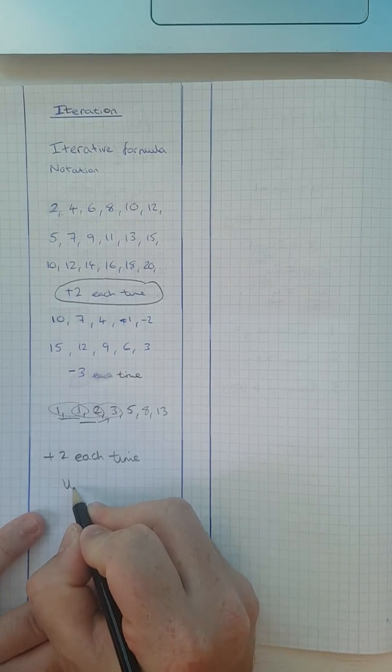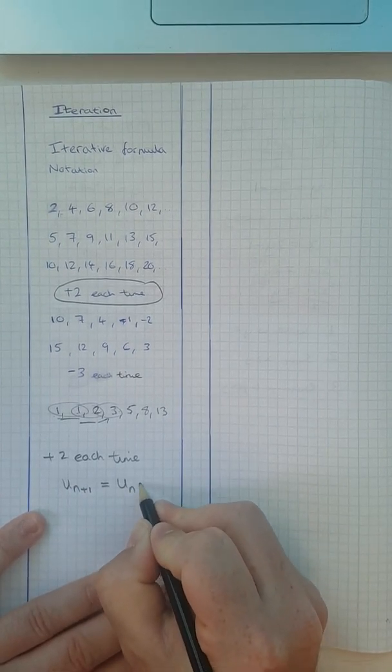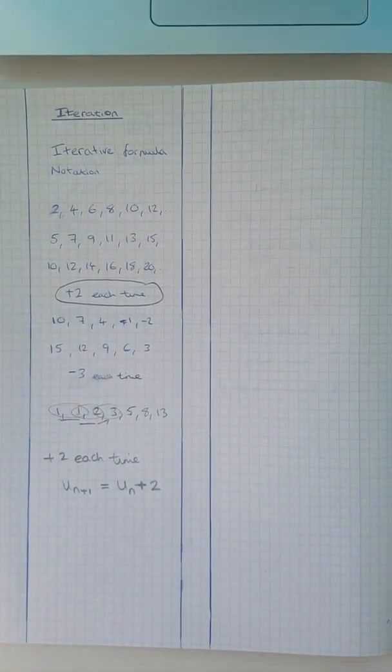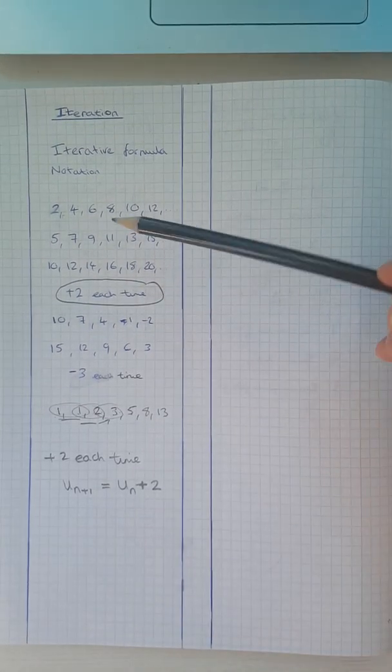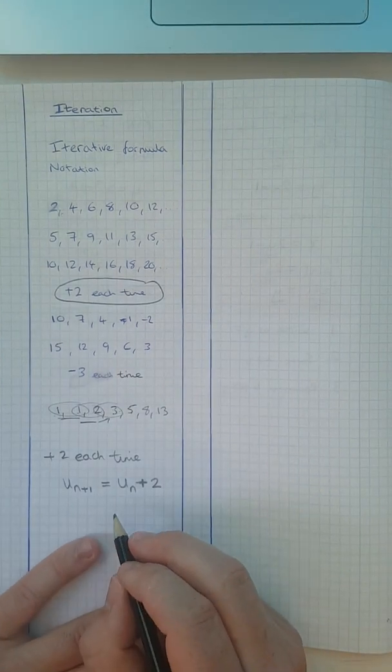You could write this down. Can you see how this relates to adding 2 each time? Well, don't worry if you can't, I'm going to explain it to you now.